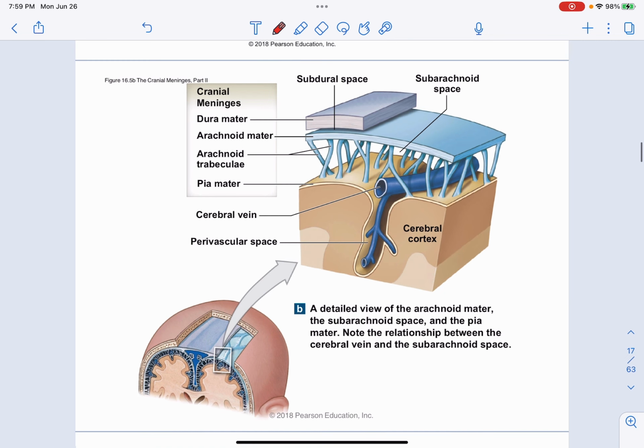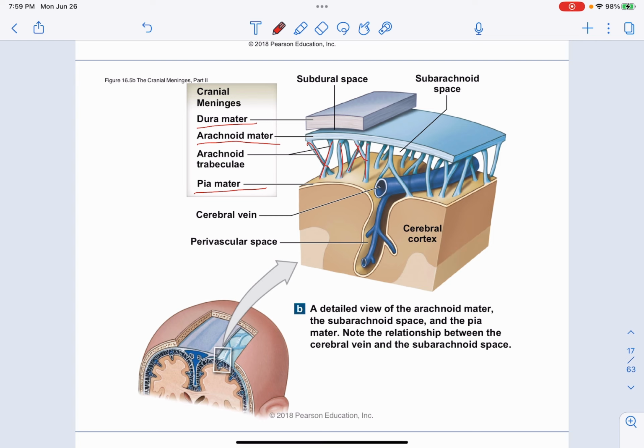All right, this is a close-up showing you. I probably should have showed you the potential space here, the subdural space here, but you can get a better idea. This is a closer look where you see the dura mater, the arachnoid mater, and the pia mater. Here are those nice trabeculae holding it down.